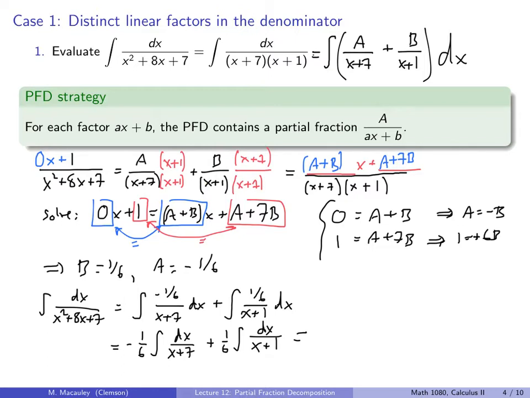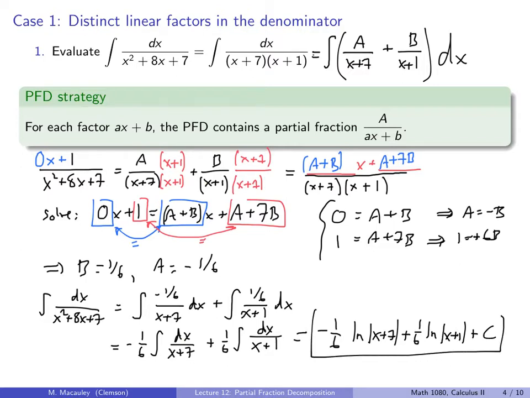I can just write this as negative 1/6 natural log of the absolute value of x plus 7, plus 1/6 natural log of the absolute value of x plus 1, plus c. And that is our answer.